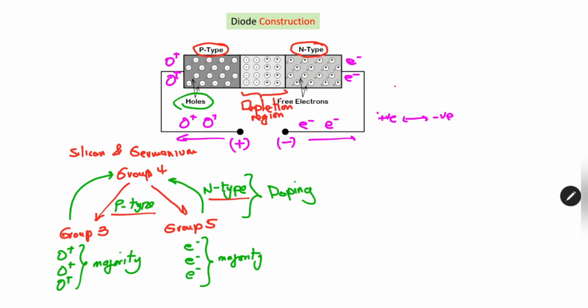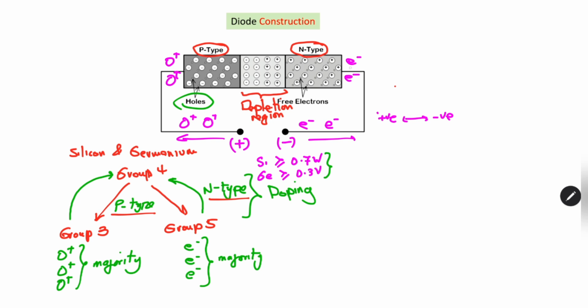In order to achieve this force of attraction, for a silicon diode you have to have a voltage greater than or equal to 0.7 volts, and for the germanium diode 0.3 volts or greater. So when we apply a voltage greater than the voltage given here, for example, if it is a silicon diode and we apply more than 0.7 volts, that means this depletion region will shrink.